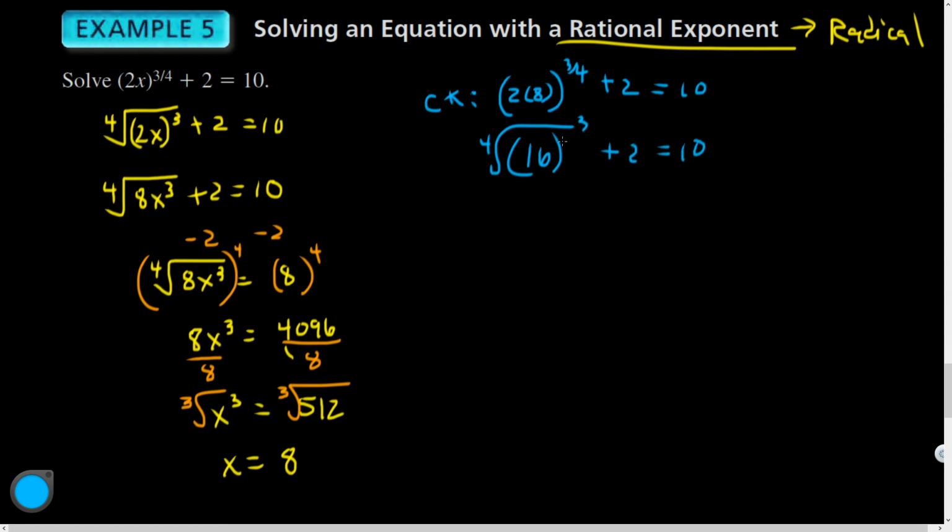Notice I'm putting the cube outside rather than inside this time because I knew that 16 was a perfect fourth. So that's 2 cubed plus 2 equals 10. 2 cubed is 8. 8 plus 2 equals 10. True! So, one answer only.